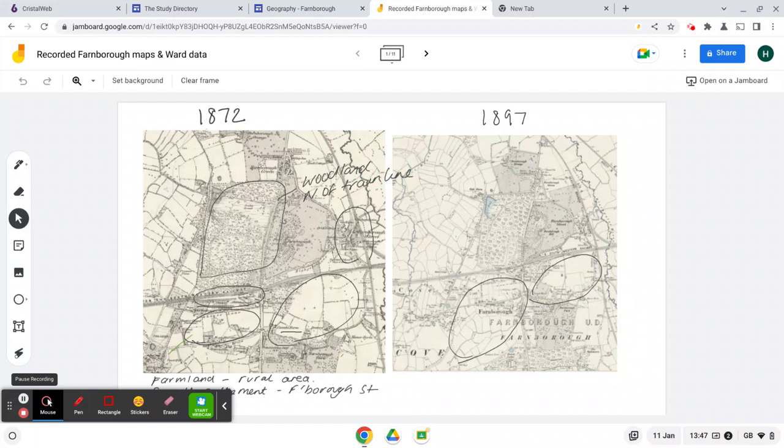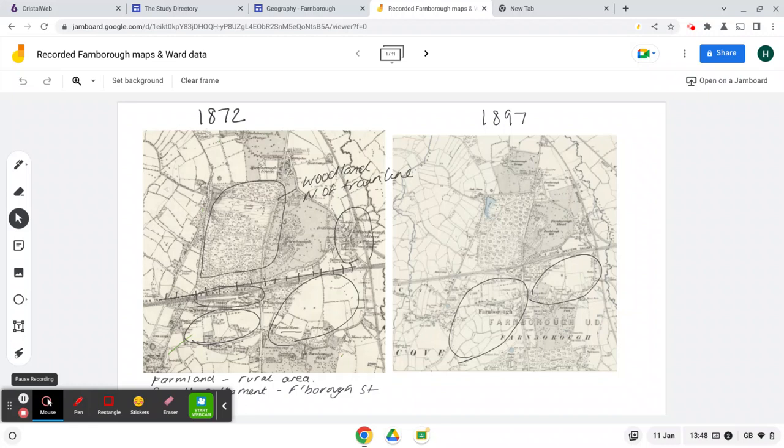So we've got some idea of what Farnborough is like. It's a rural area. We can see that we have got some links to London. So we've got the railway here. So we have got some links to other places. So we've got a rural area, predominantly farmland with some woodland, with clear evidence of links to other places. Here we've got links to London.